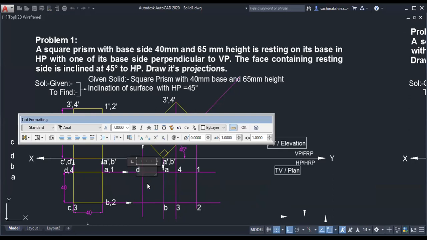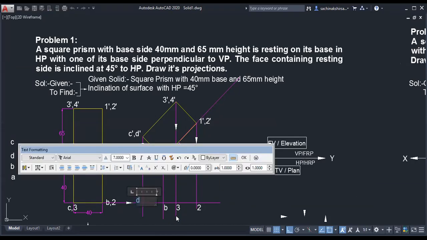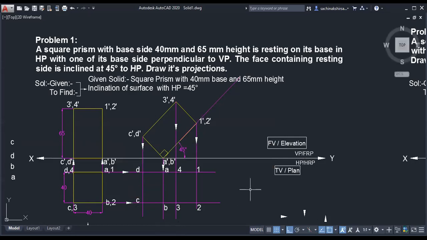Very good. Extreme left. And point C, which will be this point where I am writing right now. Point C. So have you got these points?